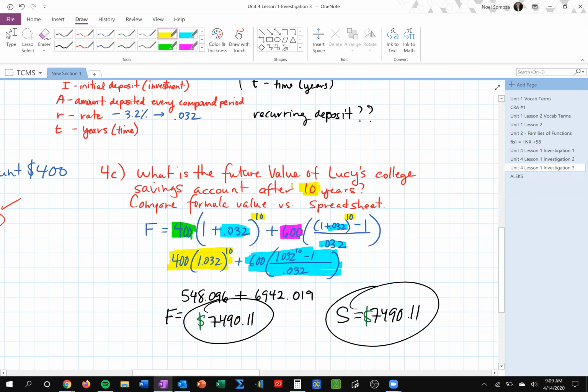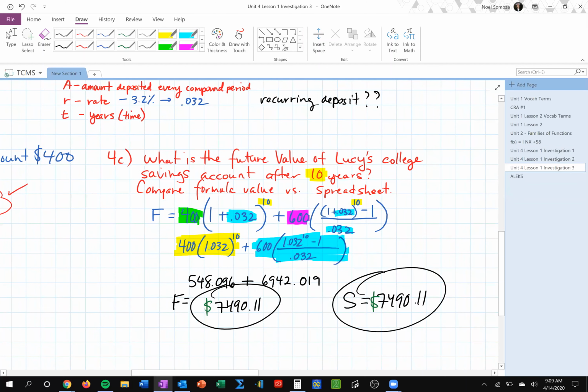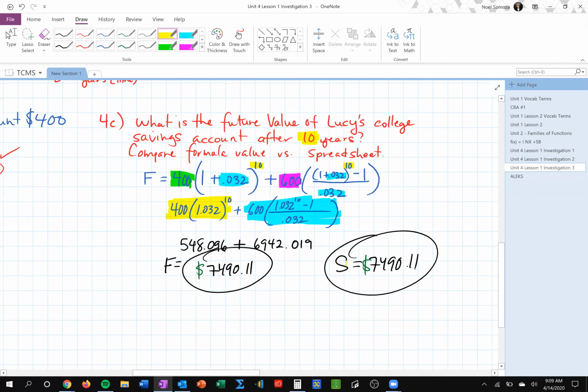And so then what we did was we found this value using our formula, and then we compared it to the value that we got when we were doing the spreadsheet. Sorry, let me close my door. All right. So what we end up getting here is essentially the same amount.